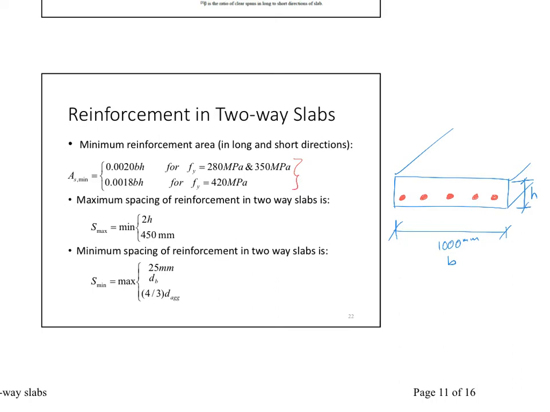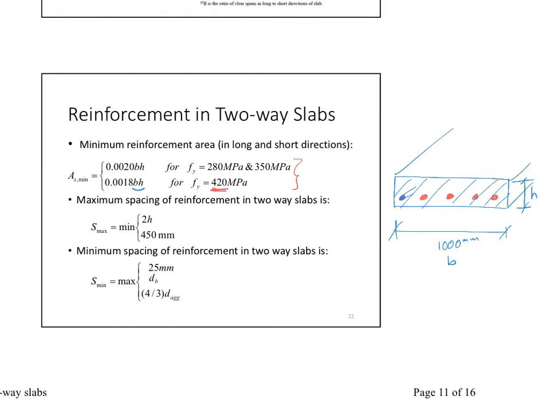Let's say the most commonly used one is 420 megapascal. In this case, we get the gross area, which is B times H, and then multiply it by 0.0018 to find the minimum amount of steel needed within that cross-sectional area.